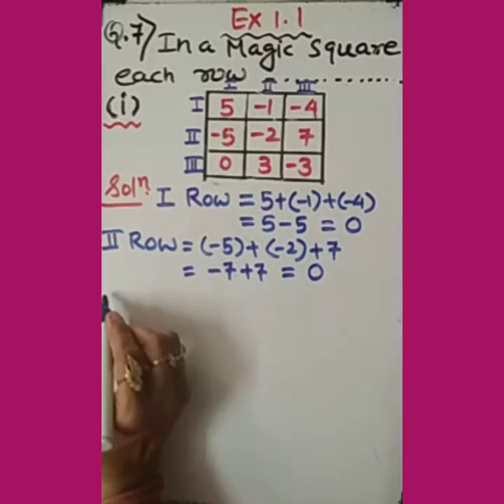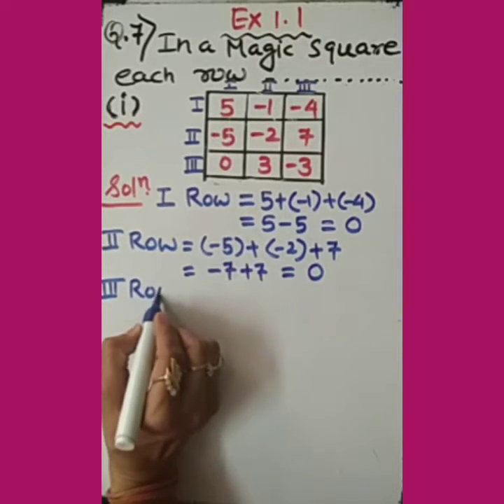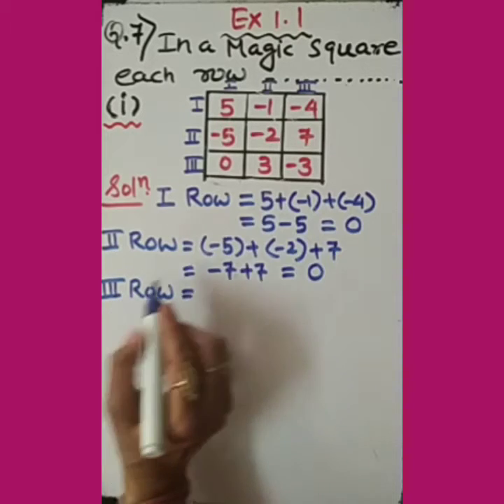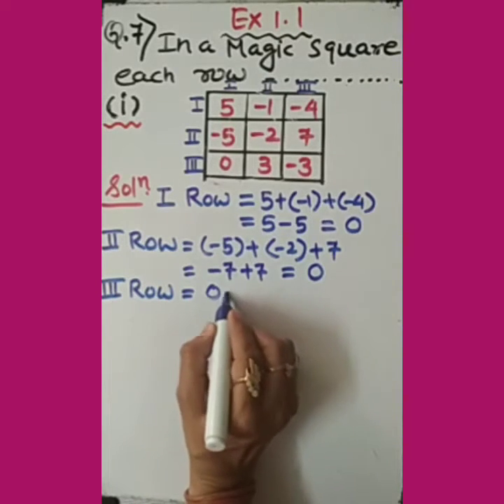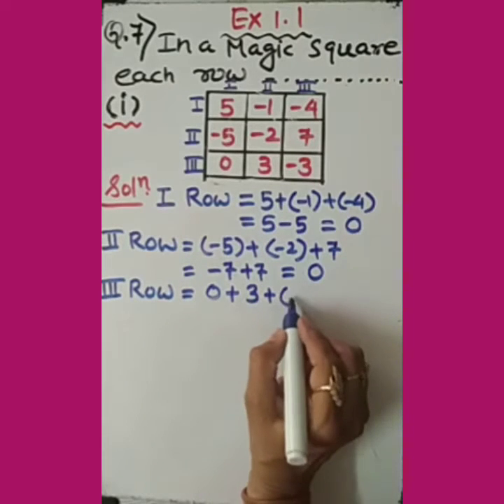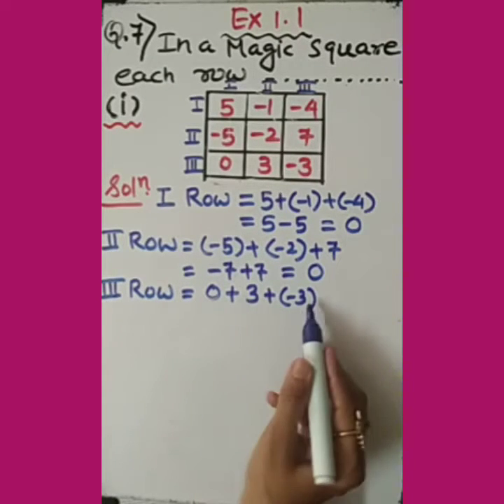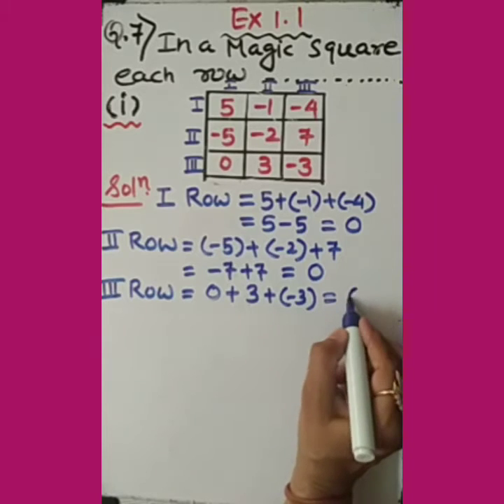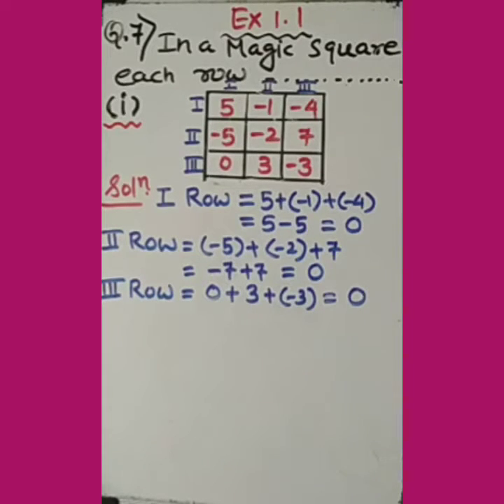Same procedure for the third row. It is very simple and very easy. Carefully note down what we are given. 0 plus 3 plus minus 3. We know plus 3 minus 3 opposite sign, it will be cancelled. So this is 0. So these are the calculations for the row part only.